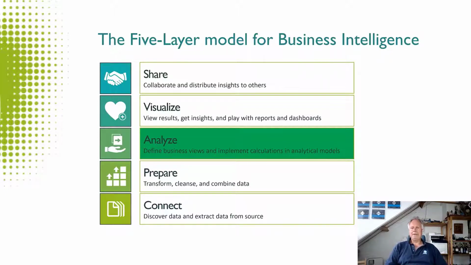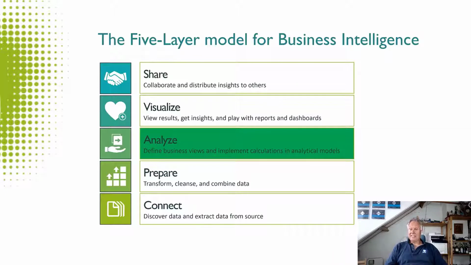Next level is prepare. And in prepare, you just massage your data in the way you want to have it. Data is not always perfect when it comes in your BI program. So you need to make the changes in order to let it function. Third layer is analyze. That's the part we're talking in this session. In analyze, we're creating calculations.